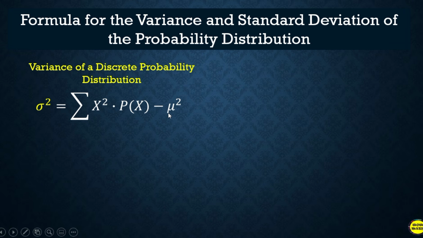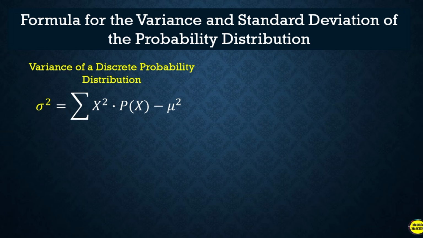Kaya kagaya ng sinabi ko sa inyo kanina, kailangan may idea na kayo kung paano i-compute yung mean ng probability distribution. Kasi baka nauna nyo itong panoorin bago yung mean, baliktad. So dapat unahin nyo munang panoorin kung paano kunin yung mean ng discrete probability distribution bago itong pagkuha ng variance and standard deviation ng discrete probability distribution.